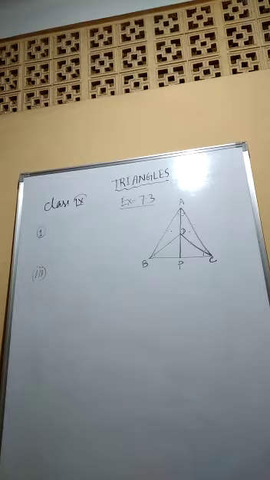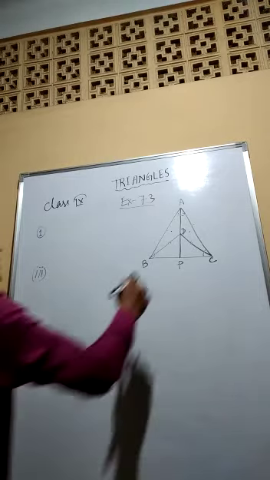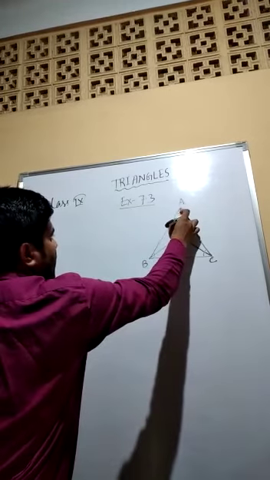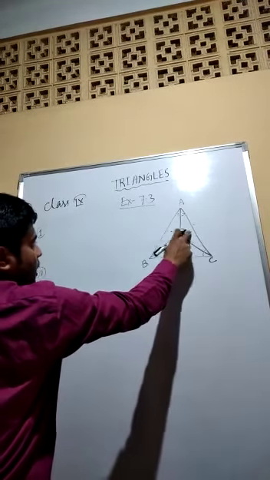So Roman 3, what does it say? See, AP bisects angle A as well as angle D also. That means this AP bisects the angle. We have proved these two triangles congruent.